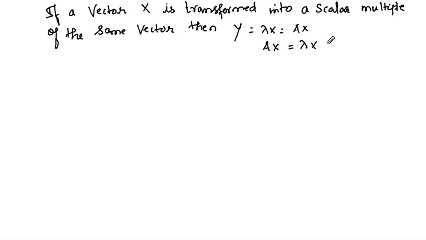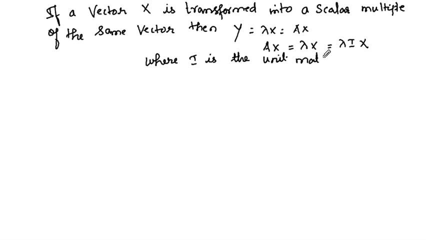Therefore Ax minus lambda I into x is equal to 0, that is A minus lambda I on x equal to 0, which is nothing but the characteristic equation. So the equation determinant A minus lambda I equal to 0 is said to be the characteristic equation of the transformation.